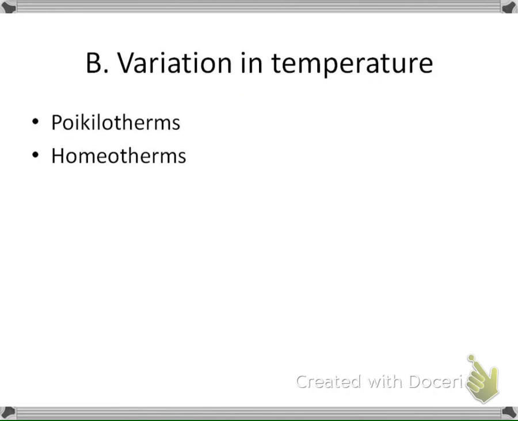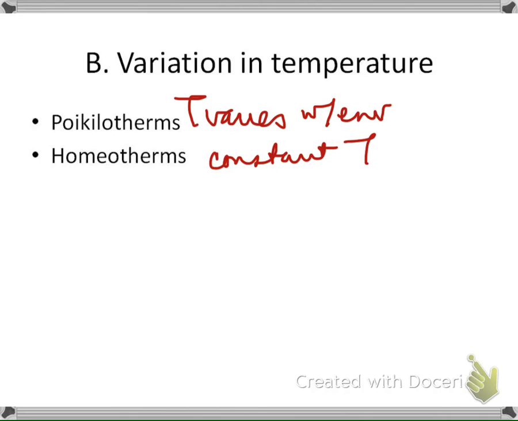There's two other terms we need to talk about. These are for variations in temperature. A poikilotherm is an animal whose body temp varies with environment. A homeotherm has relatively constant temp.